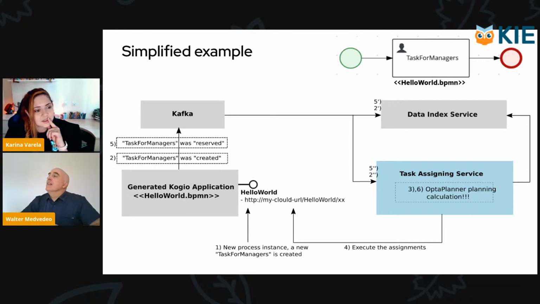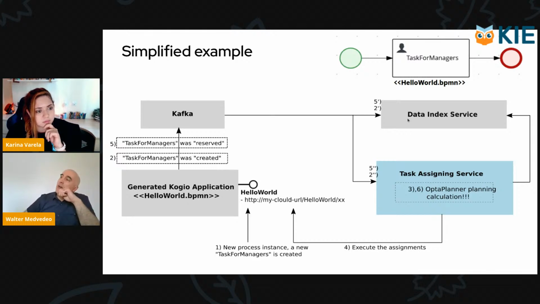Yeah, good question. The task assigning service is something that you can use optionally in the Kogito architecture, right? If you want to go to the guided or automated approach, you can include the task assigning service. If you don't want, you work as usual with the standard assignment.